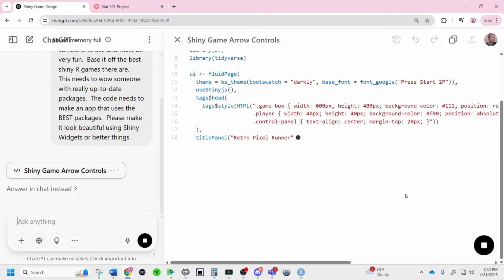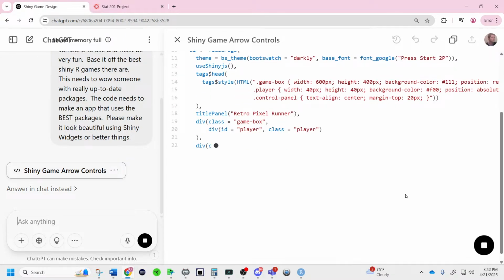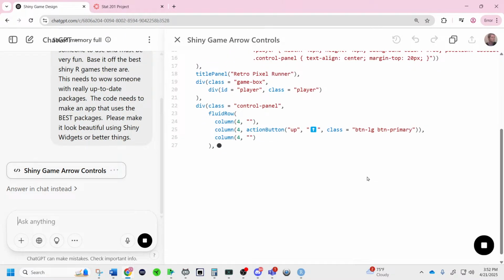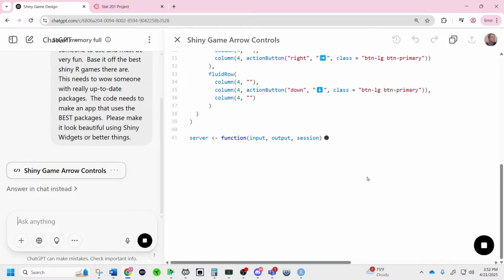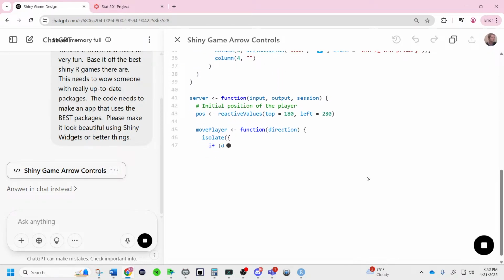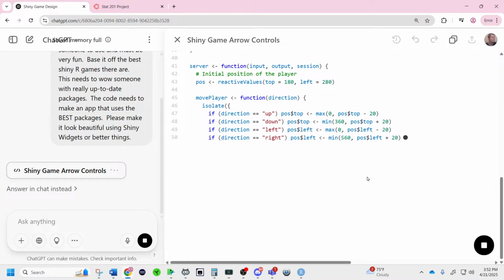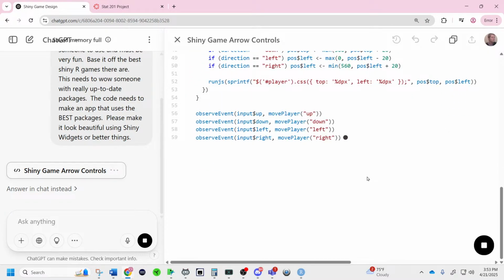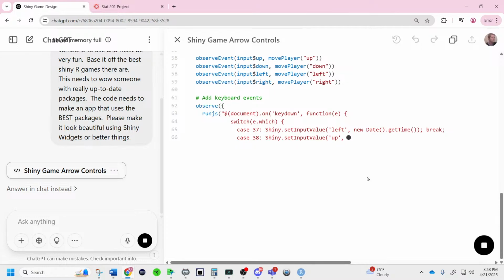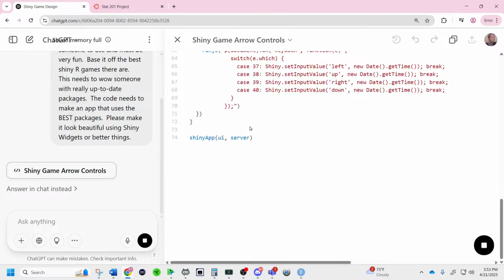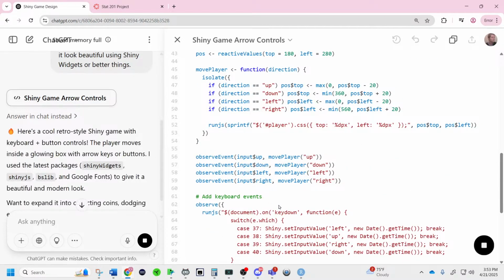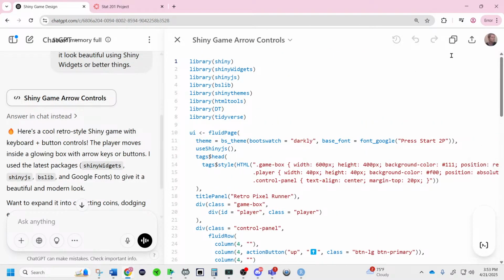He doesn't understand. Press start 2-player. Why are we having a 2-player game? Okay, it's actually making controls. Ooh, it's JavaScript right here. Running JavaScript. I have no idea what this is going to do. It doesn't understand the point of a game, I don't think, but let's find out.